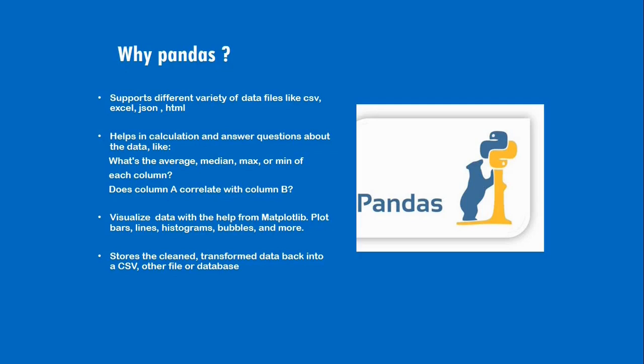For example, if you want to compare the sales data of two different regions, we can do that in an efficient way using Pandas. Or if you want to compare the performance of a particular salesman within two regions, we can do that with the help of Pandas. Along with data manipulation, Pandas has features for exploring data in a meaningful way.